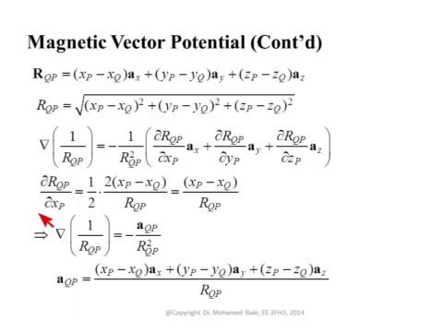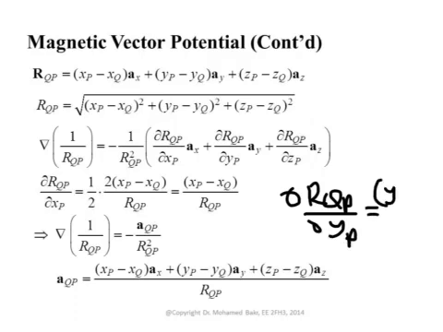So you see that differentiating rqb relative to xp only will give you this term. And of course, in a very similar way, if I differentiate this rqb relative to yp, I will get yp minus yq over rqp. And if I do it relative to z, it will be exactly the same thing.